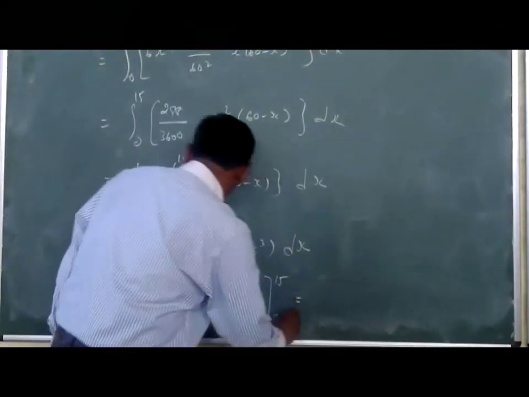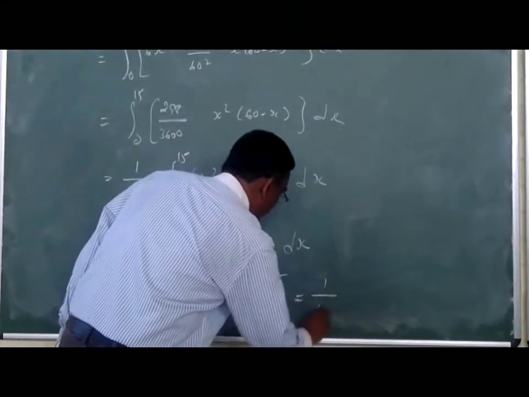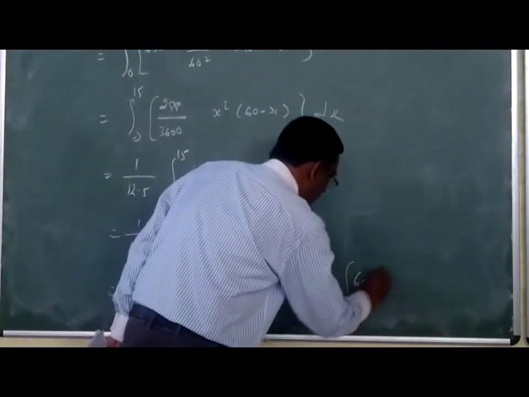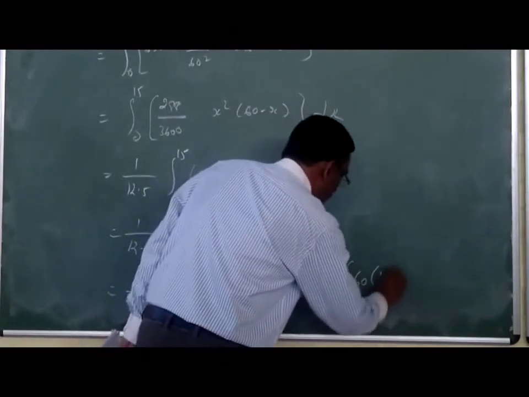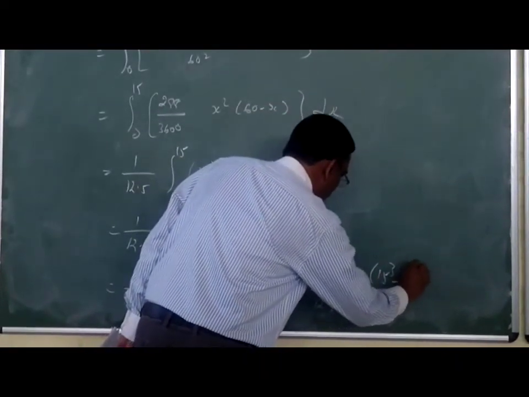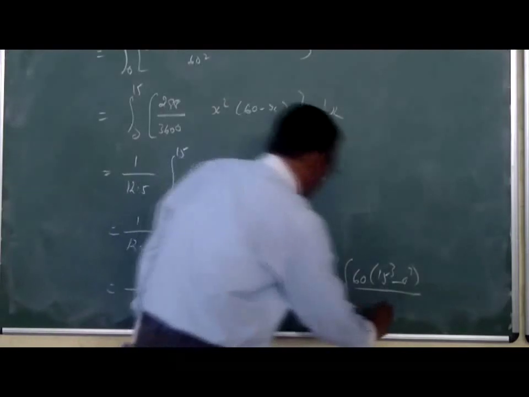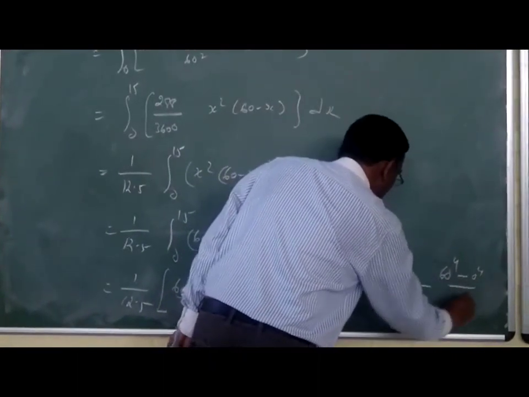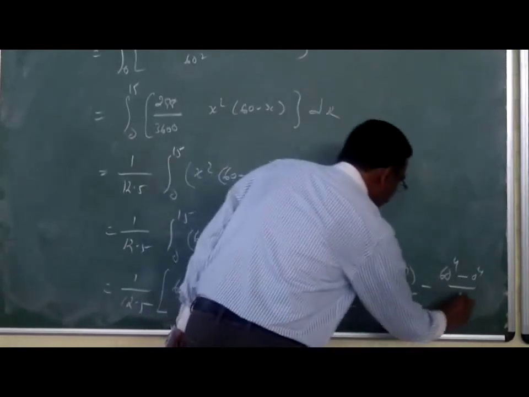Now let us substitute the value of the limit. This is 1 by 12.5, 60 into 15 cube minus 0 cube divided by 3, minus 15 to the power 4 minus 0 to the power 4 by 4.